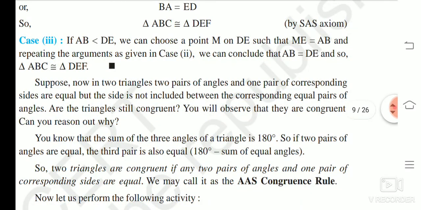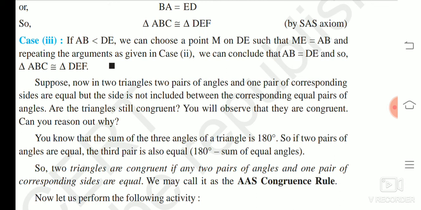So now it's true. In between two angles you have one side, so automatically two triangles are congruent. The sum of the interior angles of a triangle is 180 degrees. Using this, the third angle is also equal. The third angle is a corresponding part and equal after congruence, but here it is before congruence.